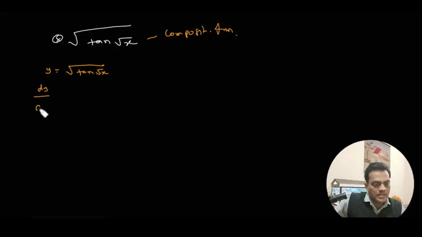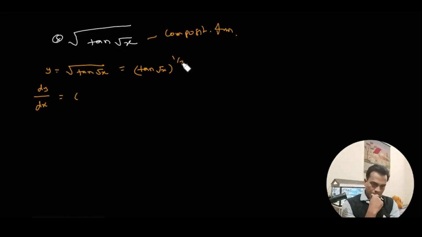So dy by dx: it is a square root, so we can write it as tan of square root of x raised to 1 by 2. The power comes in multiplication and the power is reduced by 1.